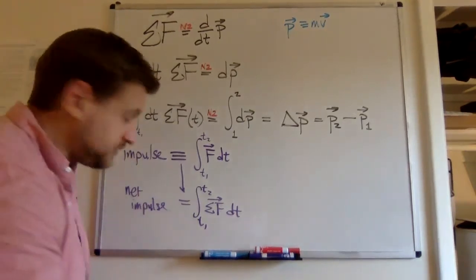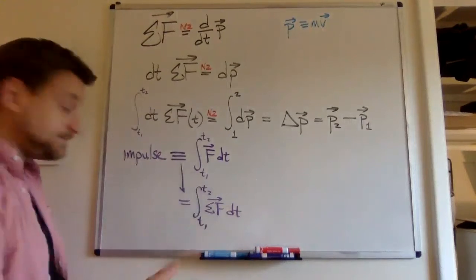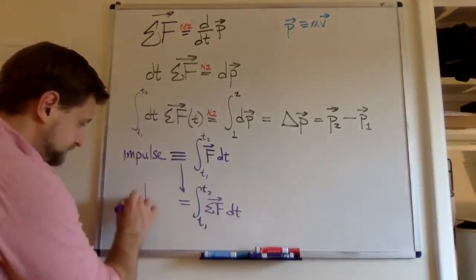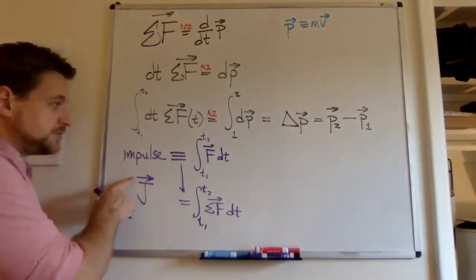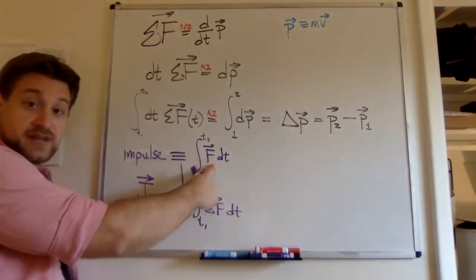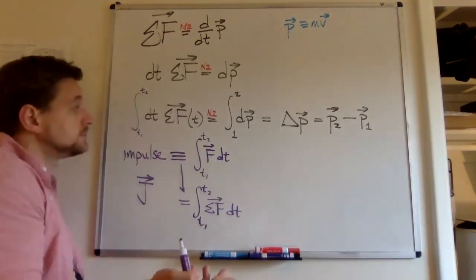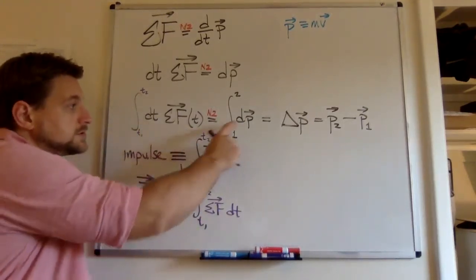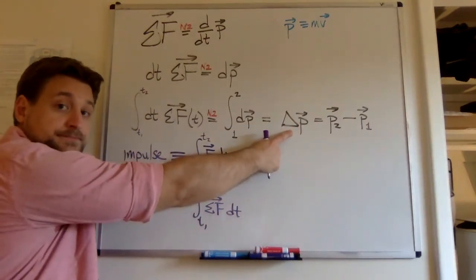The symbol that I'd like to use for impulse is J. That's a capital J. And it is a vector because the right-hand side is a vector. Its unit is the same unit as the unit for momentum.